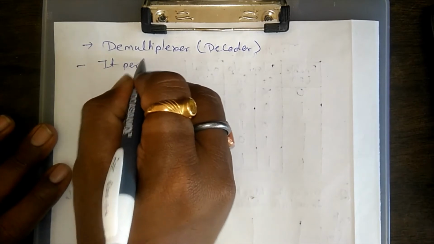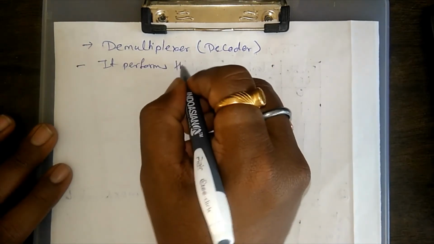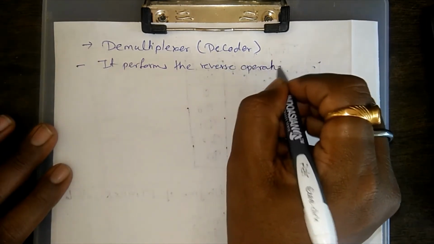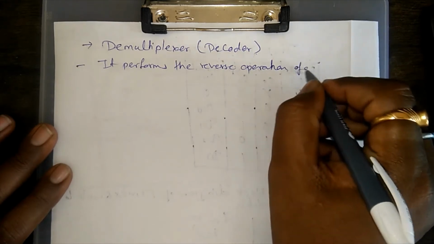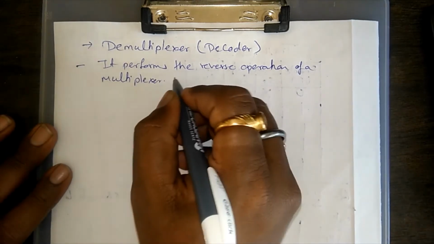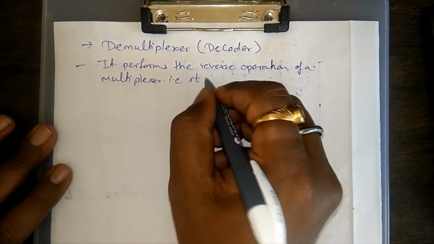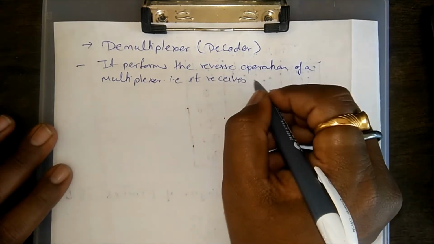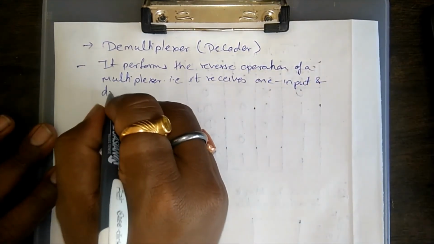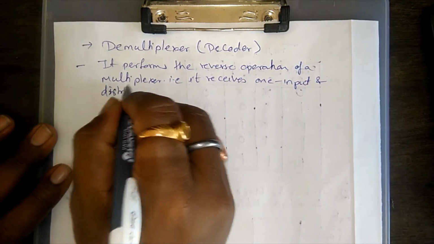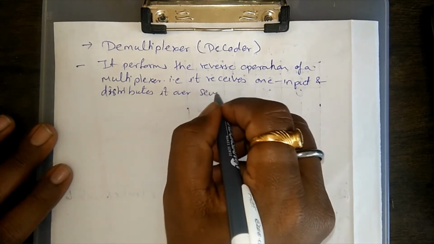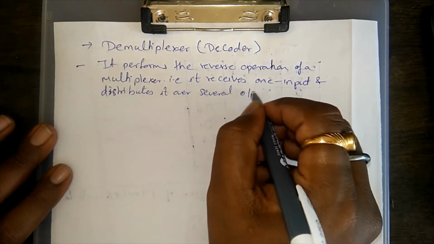It performs the reverse operation of a multiplexer. That is, it receives one input and distributes it over several outputs.